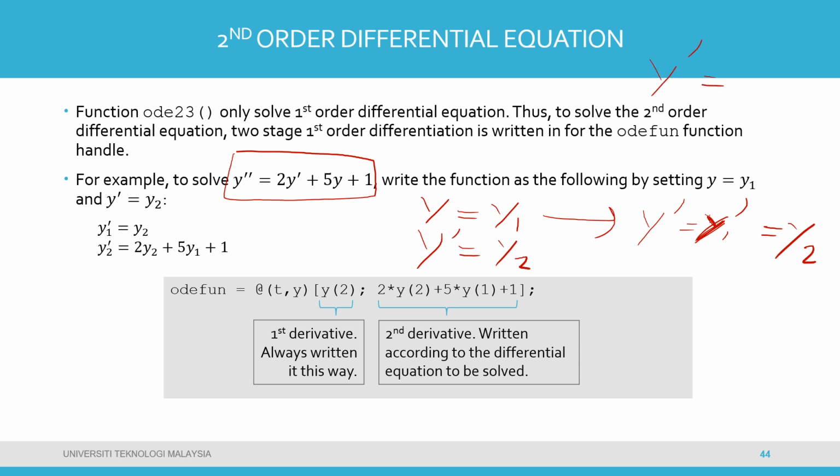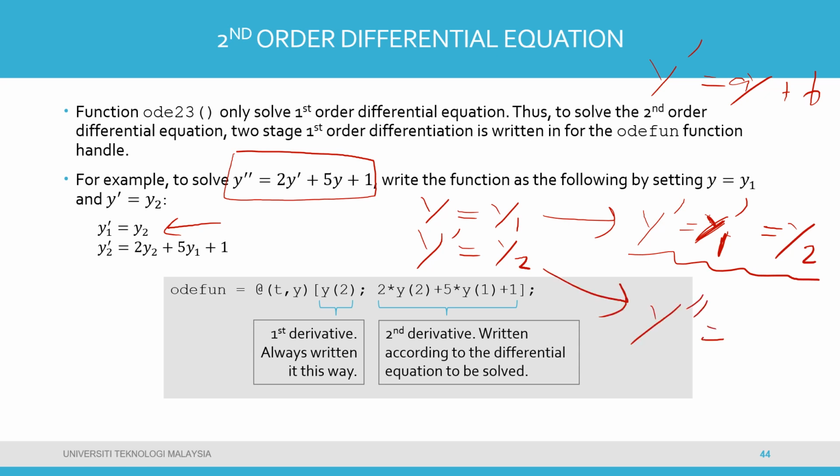So you can see from this that y1 bar is equal to y2, and of course y2 bar, which is y double bar.